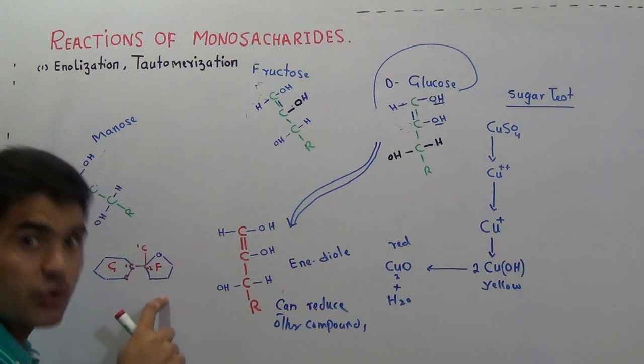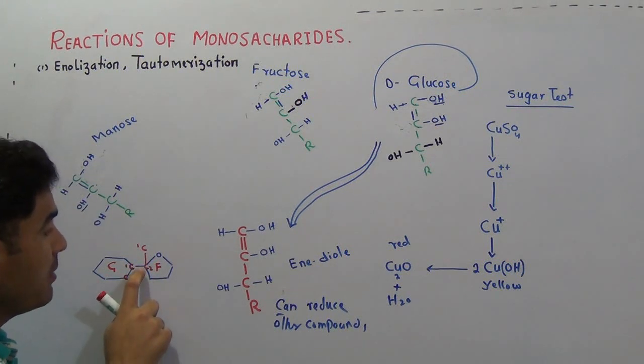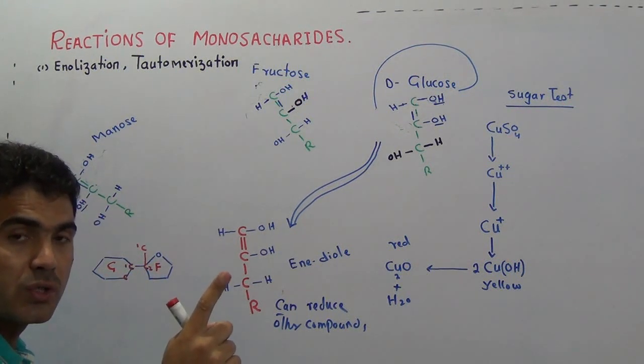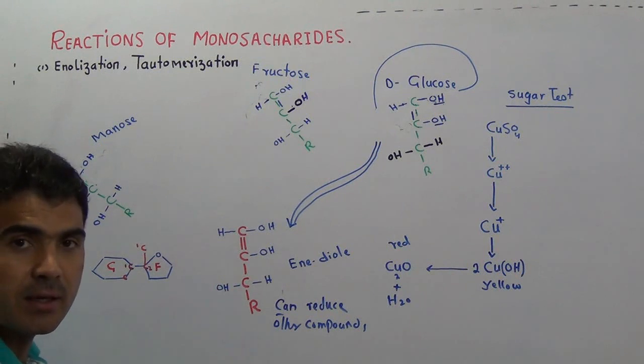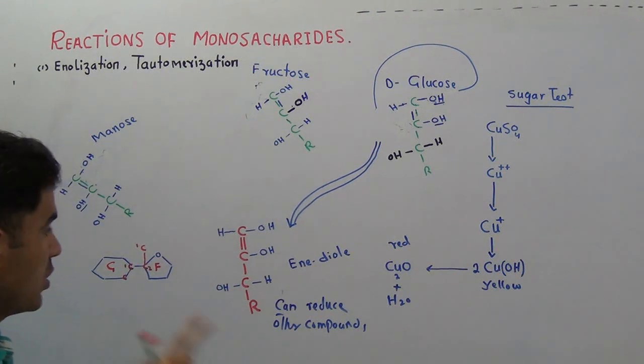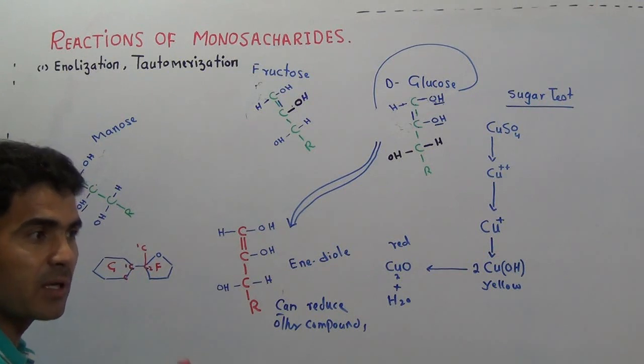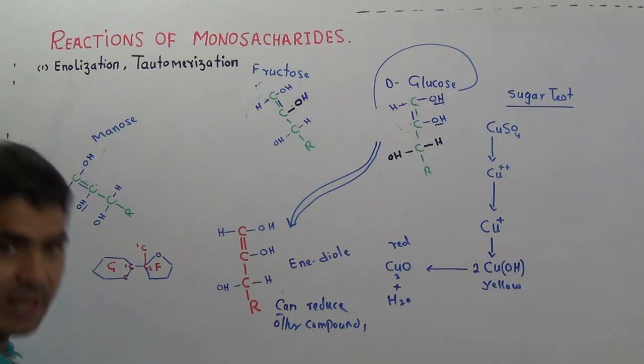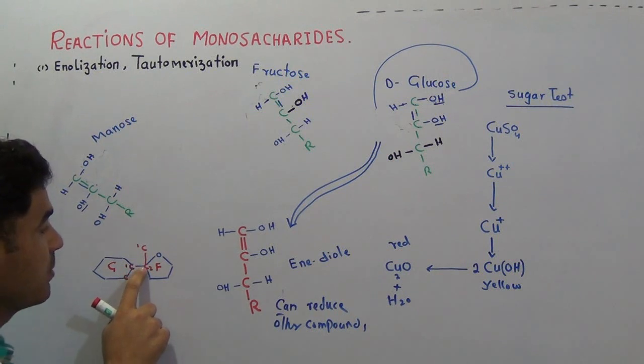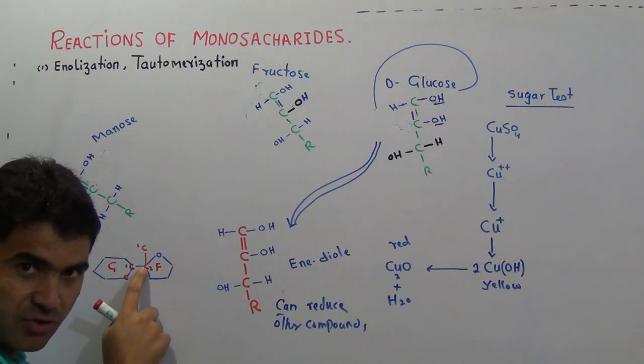So we cannot expect this carbon to make enediol now because it is engaged, it is not free. In case of fructose, the carbon number 2 was having the double bond O. So in case of fructose, carbon number 2 is the carbon which we expect will make an enediol, but this carbon number 2 is also engaged.